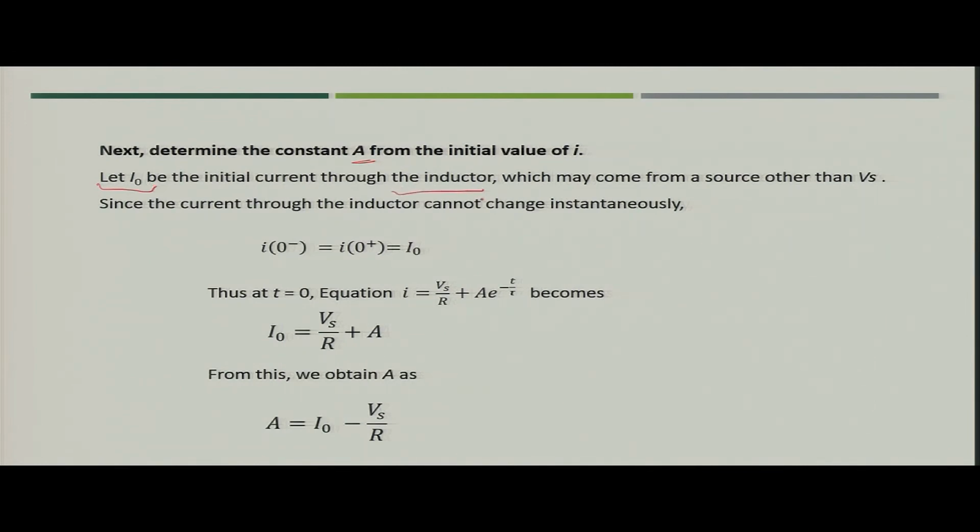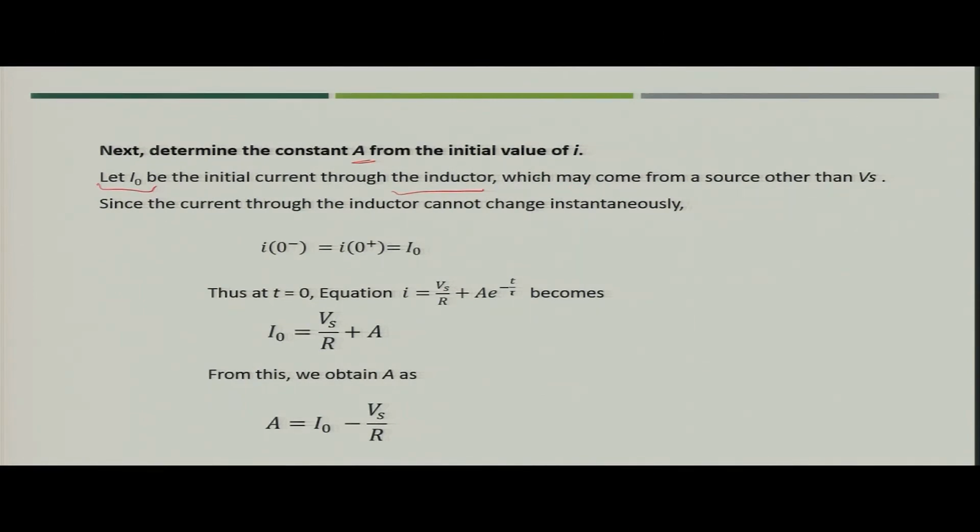That means at time t equal to 0 minus, the time just before the switch is closed and the voltage source is applied, we assume the current flowing through the inductor is I naught.